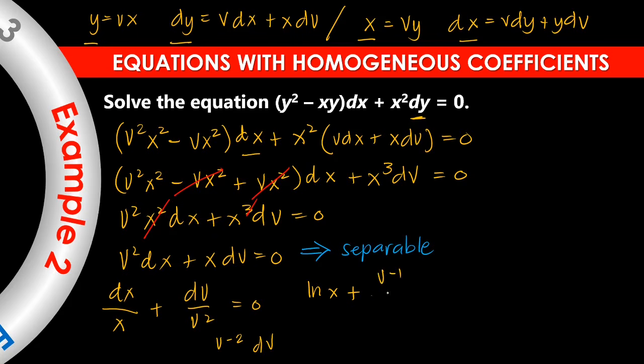On the other side, we get the arbitrary constant c. So we get ln of x minus 1 over v equals c.